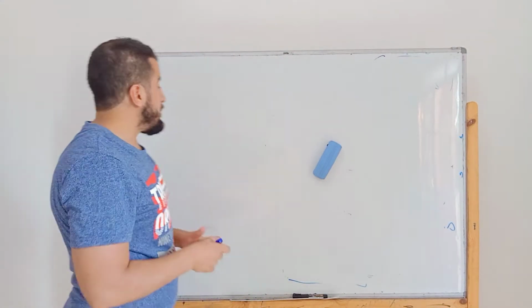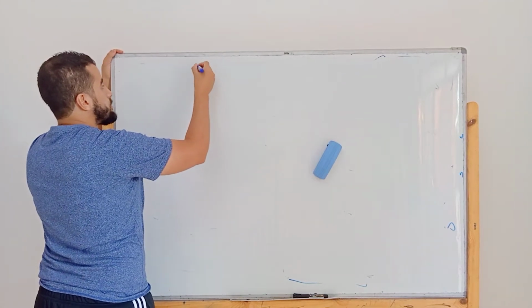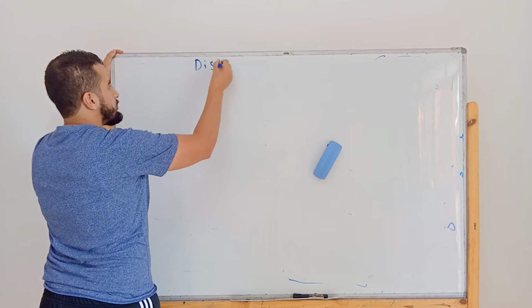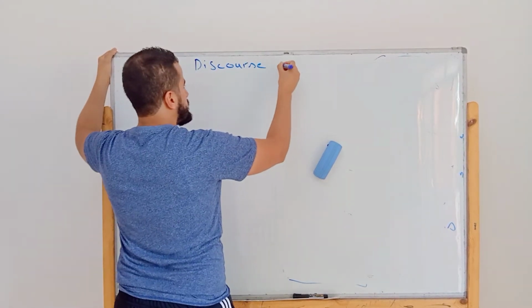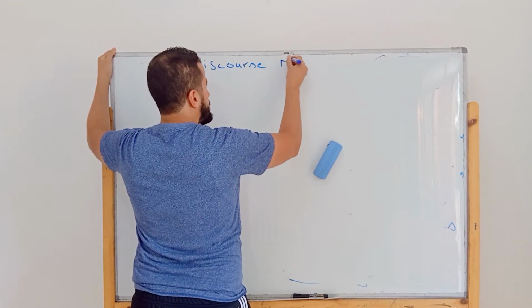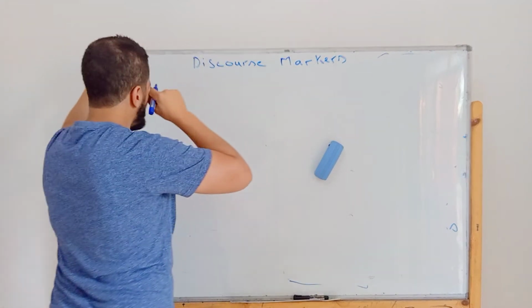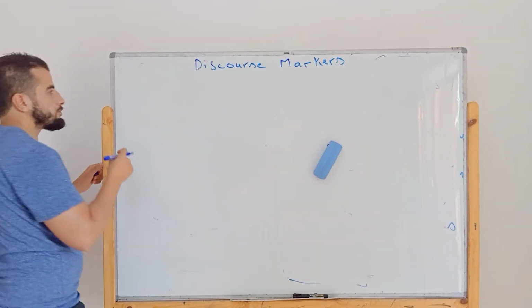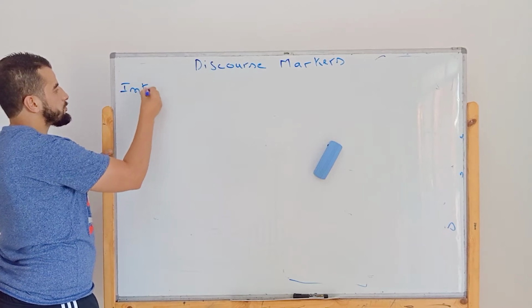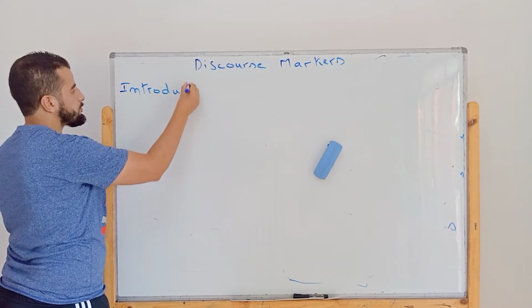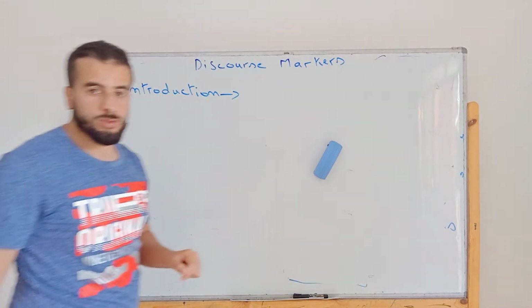We have discourse markers for introduction, body, and conclusion. For introduction, you start like this.